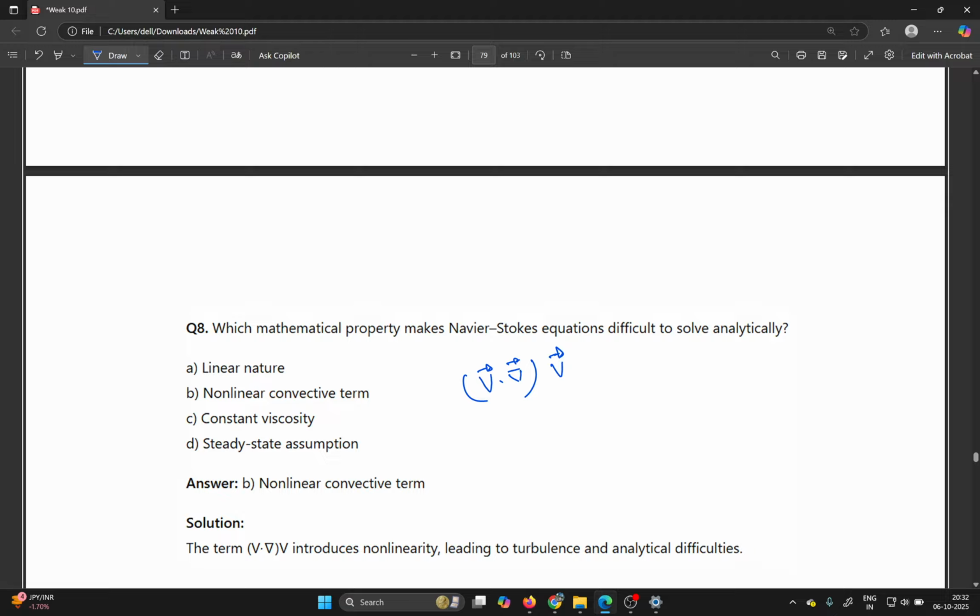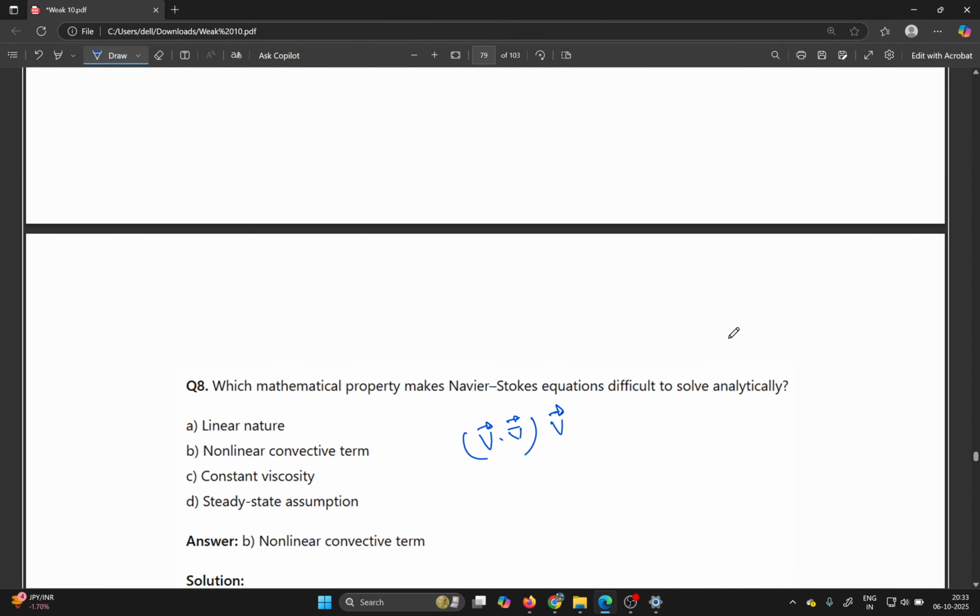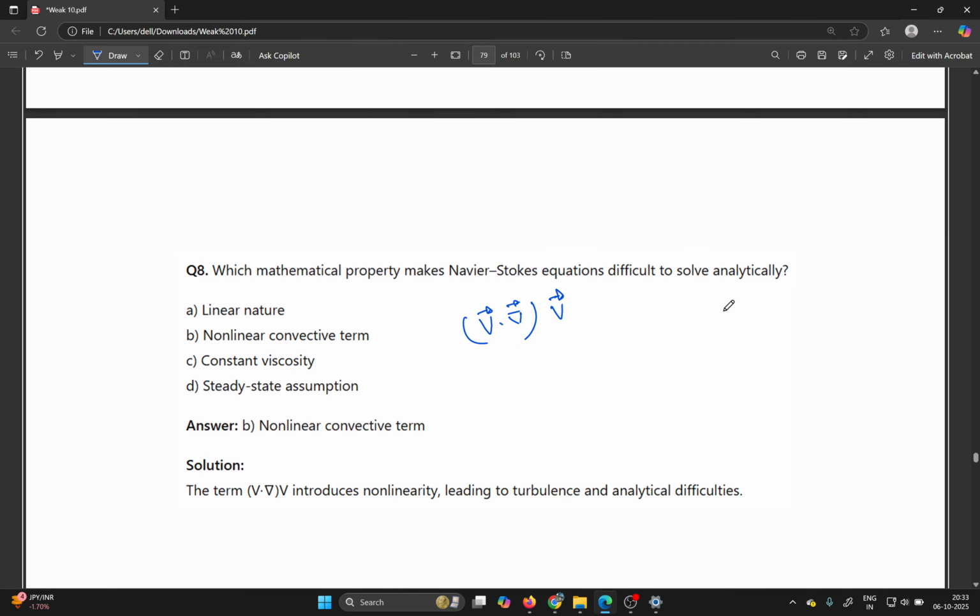And what is non-linear in a differential equation? Please, if you do not know, go through some material or videos on how non-linearity of a differential equation is defined. Then you will think on that. After seeing the concept of non-linearity, you just go through this equation.